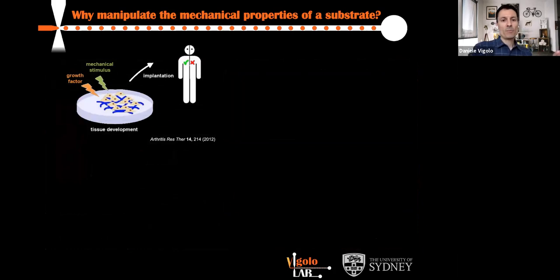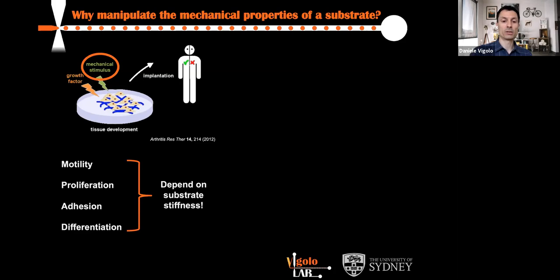So the reason why we want to manipulate the mechanical properties of these soft materials is because, beside biochemistry, mechanical stimuli are important factors that affect the development of a tissue and directly affect eventually how this tissue will behave. And if we are obviously considering to implant this tissue to repair the human body, the control of the structure of the tissue is crucial. And so we want to operate in terms of mechanical properties.